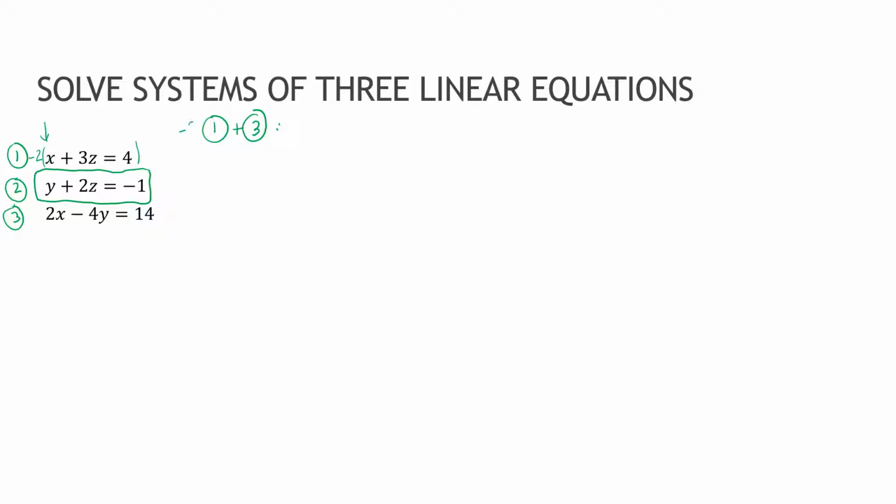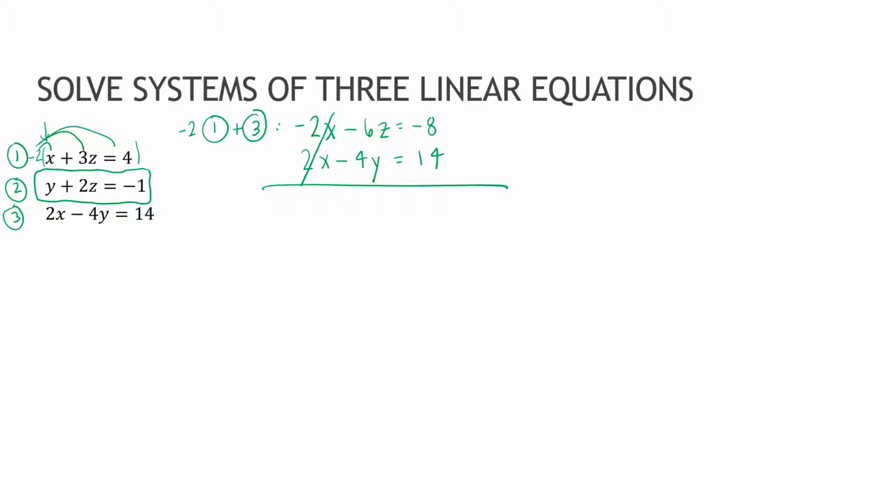So I'm going to take negative 2 times equation 1. That's negative 2 times x, negative 2 times 3, negative 2 times 4. Equation 3 is 2x minus 4y equals 14.